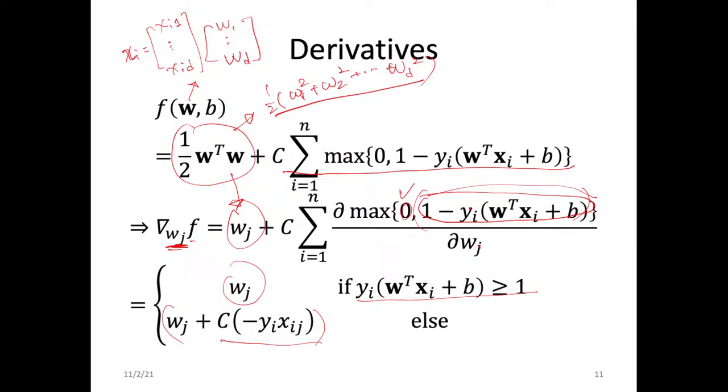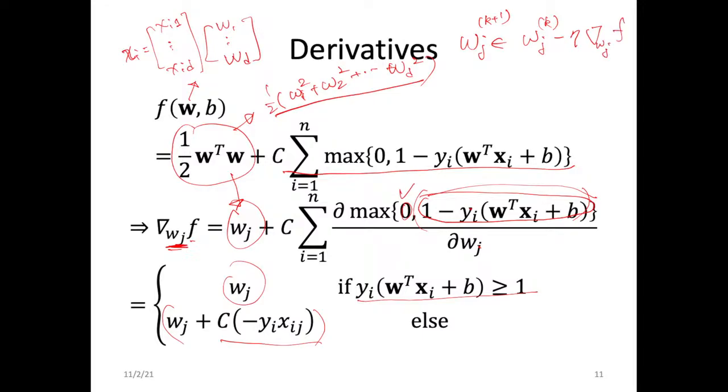So let's look at this updating formula a little bit. Then you will think that makes sense. Why is that? So our updating formula for wj for the k plus 1 round is the value at the kth round subtract eta multiplied by this gradient here.